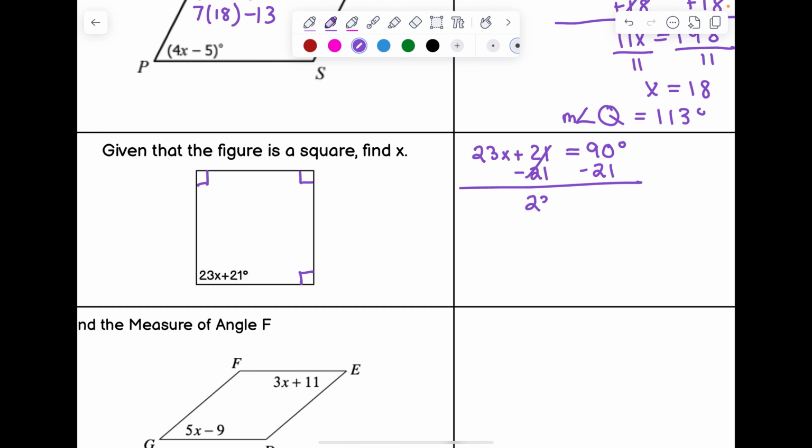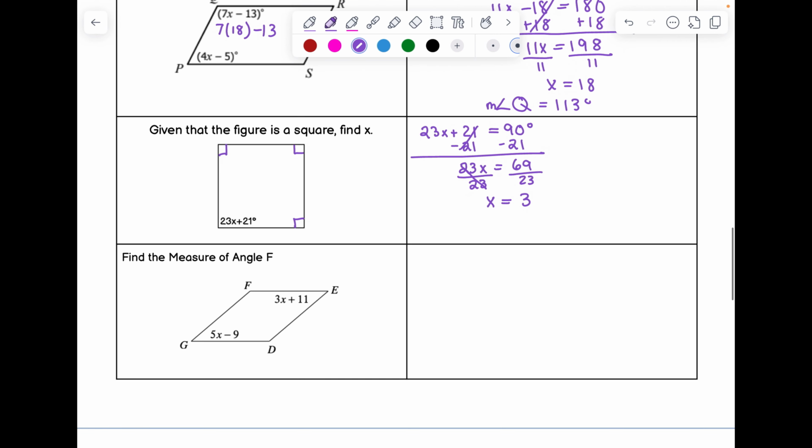And we get 23x equals 69. And now we're going to divide by 23 on both sides. And we get x equals 3. And we're done with this problem.